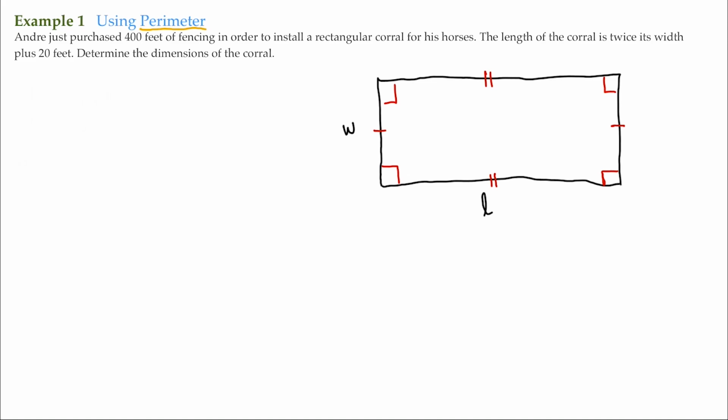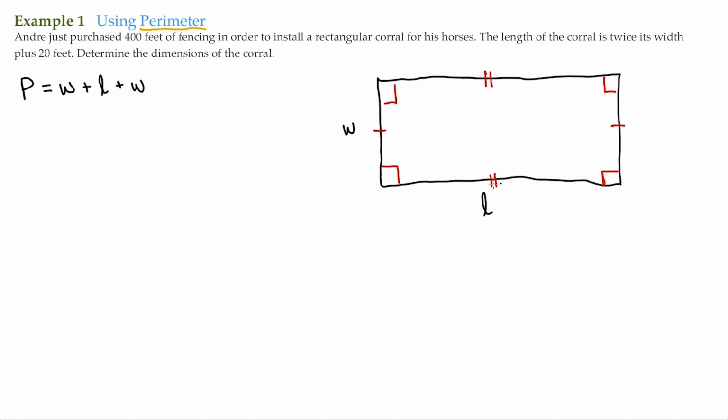Now for a rectangle, we can determine the perimeter. And I'm just going to mark it over here, P for perimeter. That would be equal to the measure of this width right here. I would add that to the measure of this length right here. I would then add that to the measure of this width right here.